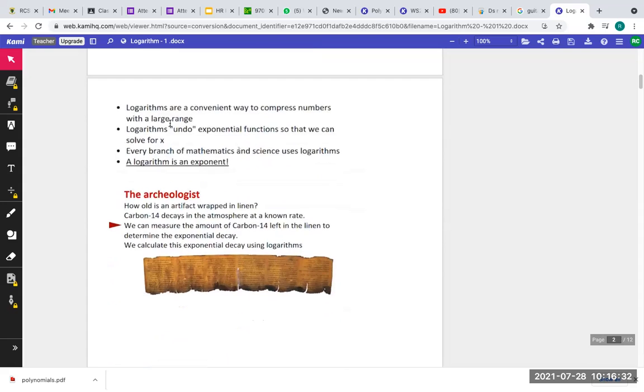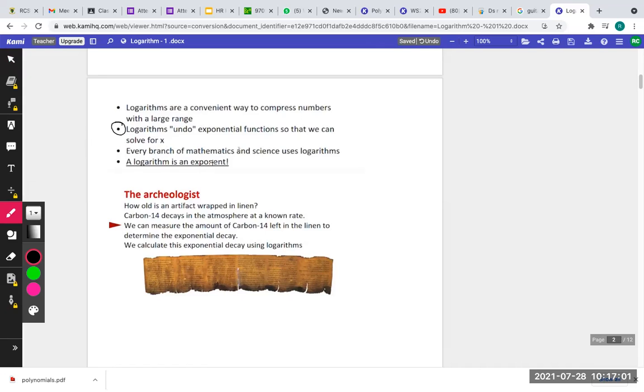So there should be some reason for learning logarithm. Logarithms are a convenient way to compress numbers with a large range. Also, it undoes the exponential function so that we can solve for x. This is a very important area, right? Sometimes we get stuck in some exponential functions and don't know how to solve them, so there comes the importance of logarithm.